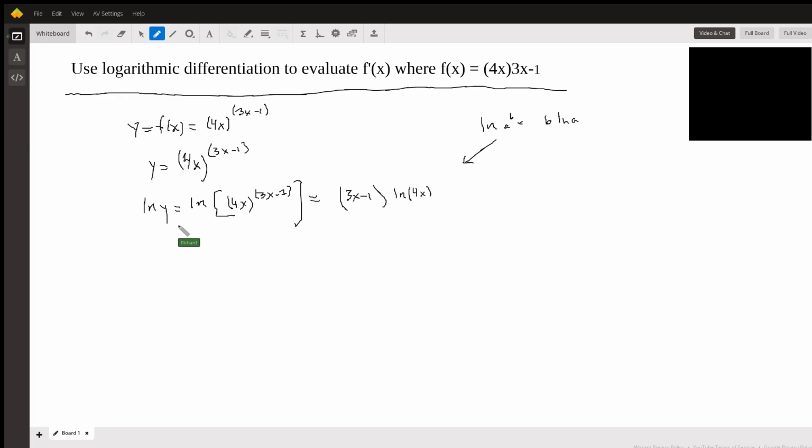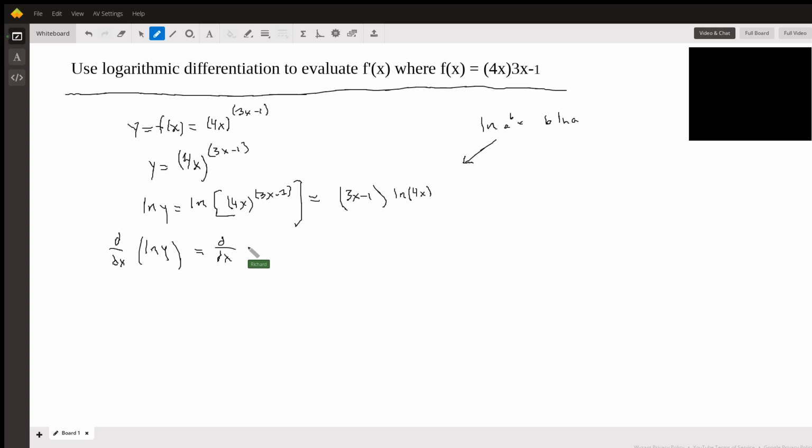Okay, now we can differentiate both sides. So we're going to just take the derivative of both sides of, once again, I'm just showing you each step so you don't get confused.